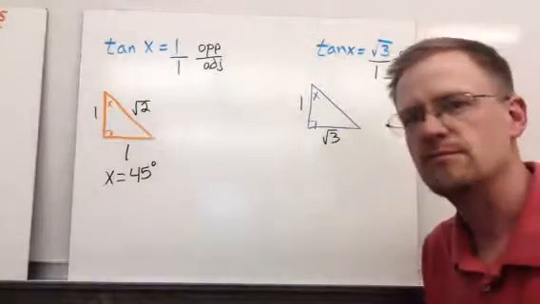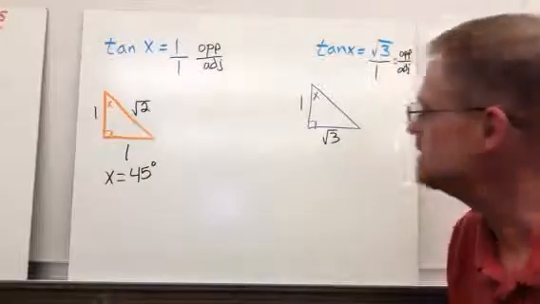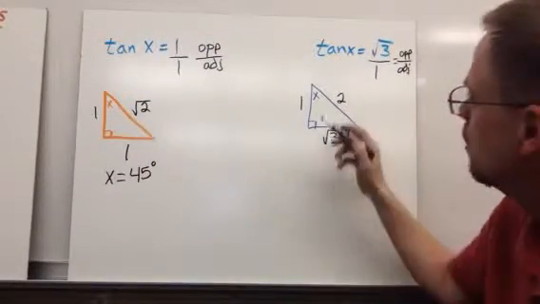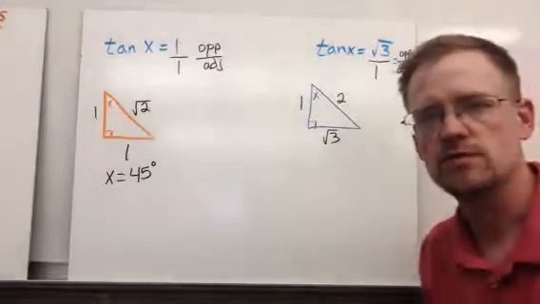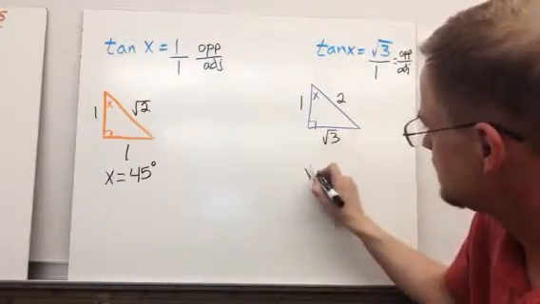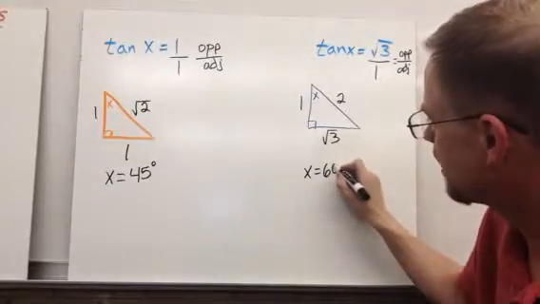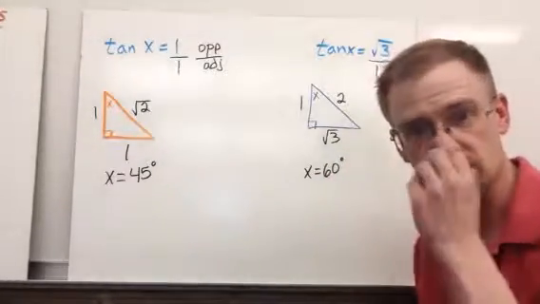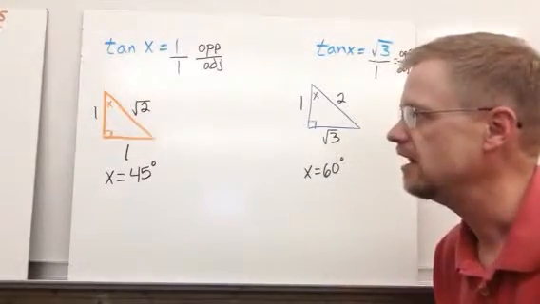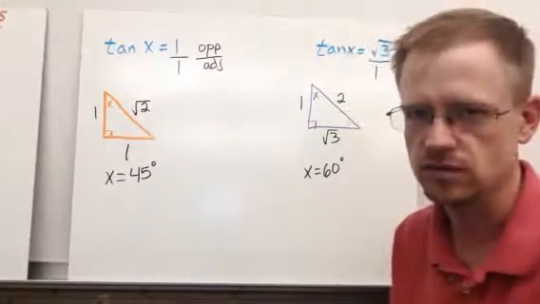We should be looking familiar here again. This is a 30, 60, 90, and our hypotenuse is going to be 2. So, what angle is opposite the square root of 3 in a 30, 60, 90? That is a 60-degree angle. Check back on your notes for your special right triangles if you need to remember this, but a little bit of it is just a refresher of that. And that's a good reason to go through these intuitively.